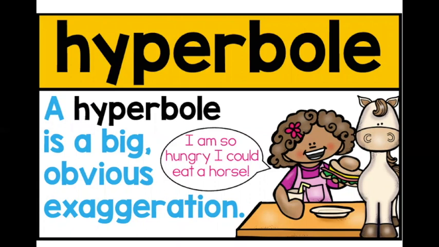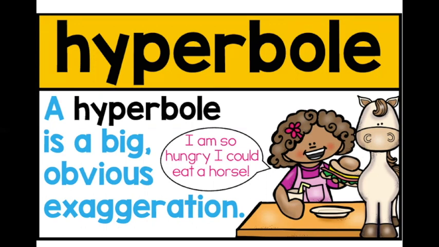So, in our example, we see that the little girl is saying, I am so hungry, I could eat a horse. Of course, literally, we know she could not eat an entire horse. This is just a way for her to exaggerate. She's so hungry she could eat so much food, and she's comparing this to eating an animal the size of a horse, which of course would be crazy. But this exaggeration kind of brings light to the situation. It shows her emotions of being very, very hungry.